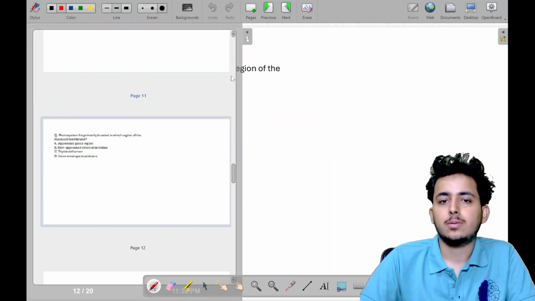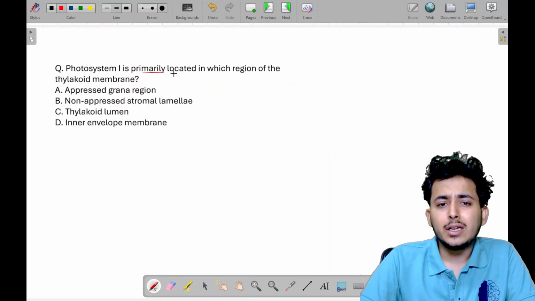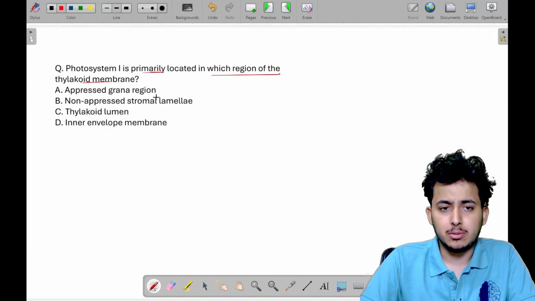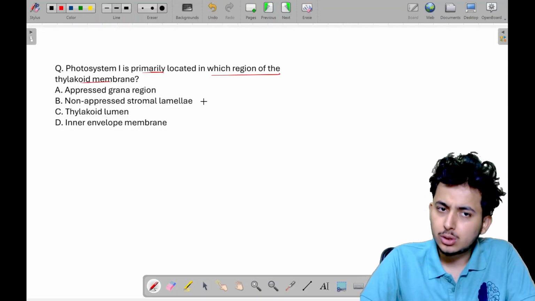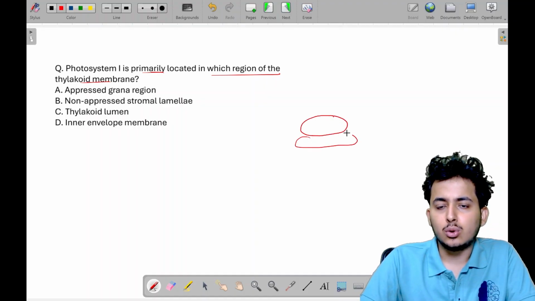Next question, guys. Photosystem 1 is primarily located in which region of the thylakoid membrane? I told you this in the previous lecture also, let me tell you again. These are your thylakoids.